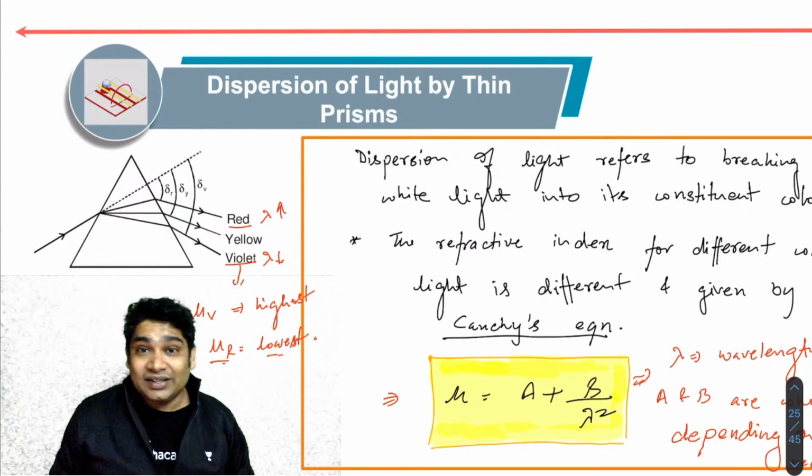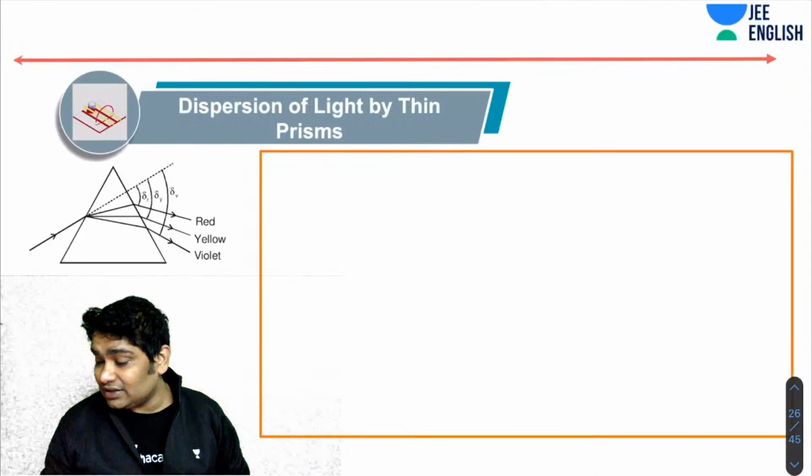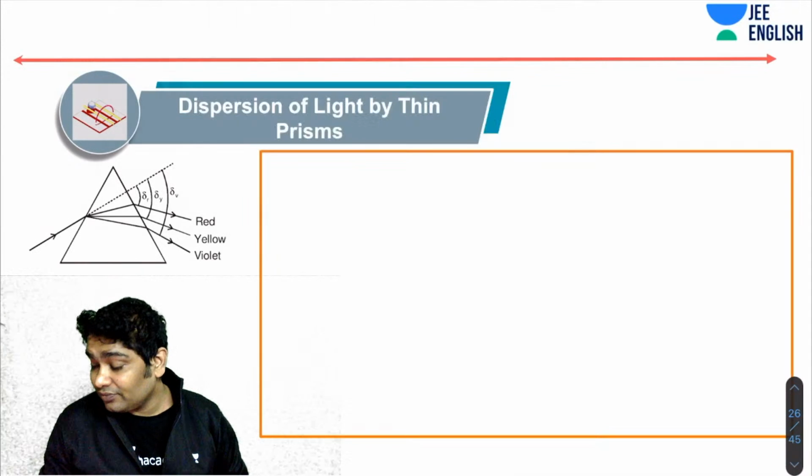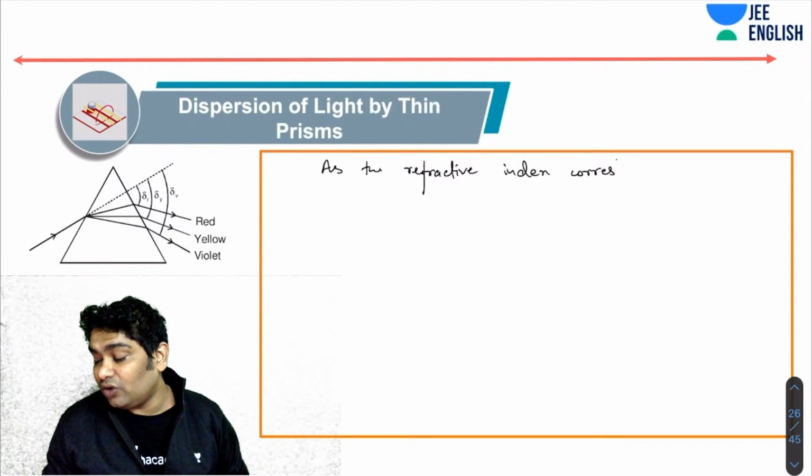Now there are some terms that you can define. So let's write that also: the refractive index corresponding to red color will always be the least for any material.